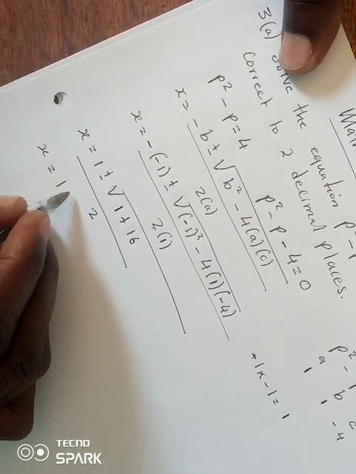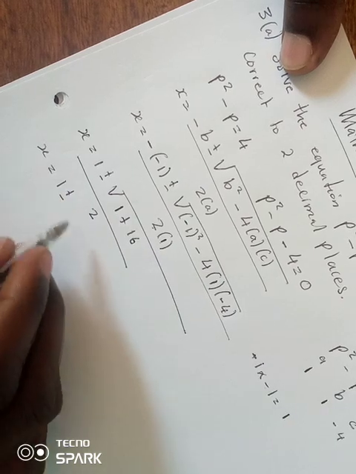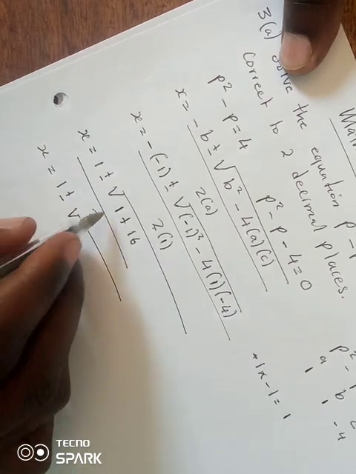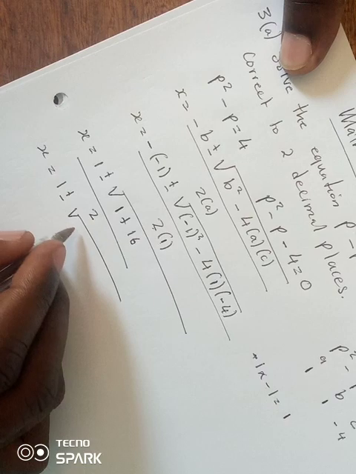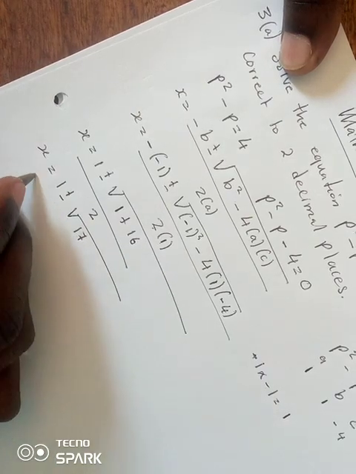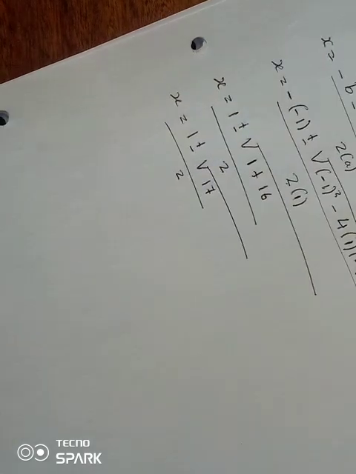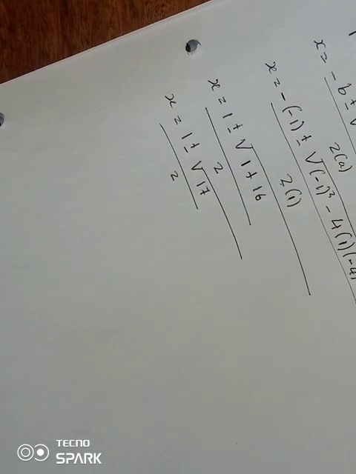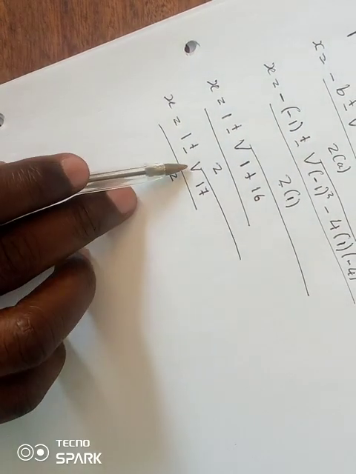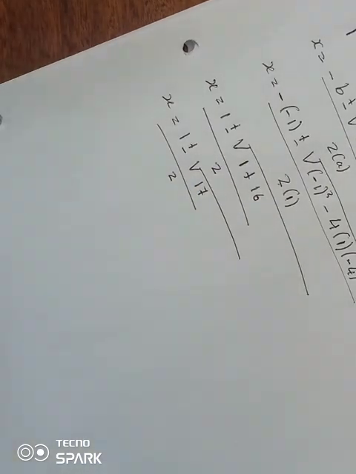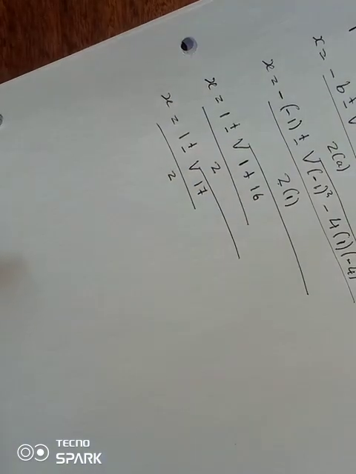x equals 1 plus or minus the square root of 1 plus 16, that will give us 17, over 2. Okay, so now from here we need to find the square root of 17. You can use a calculator to find the square root of 17.